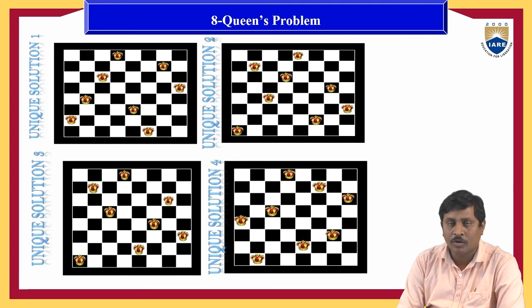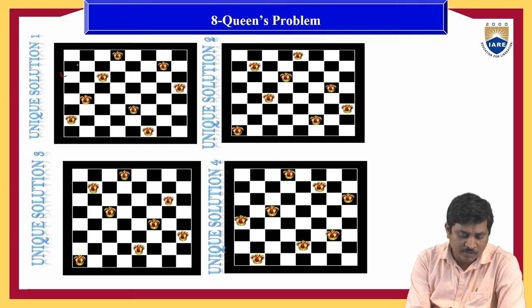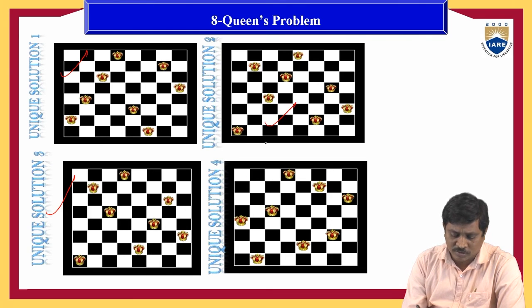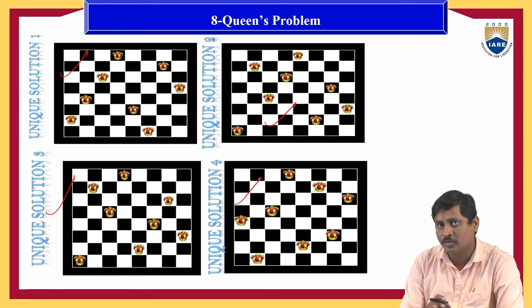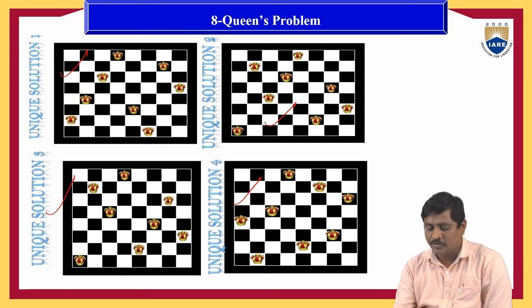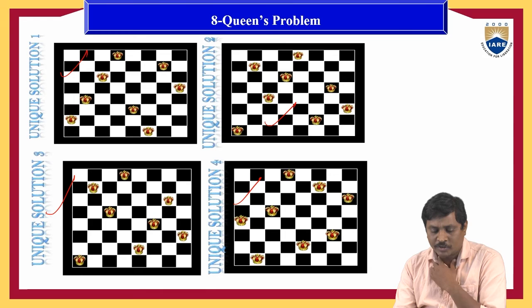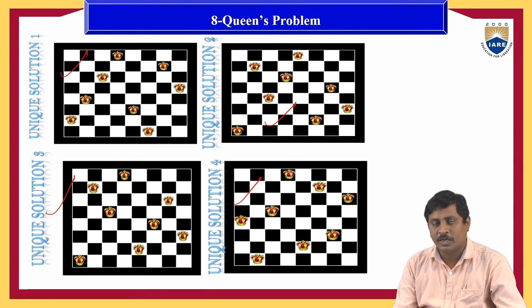In each row, each column, and each diagonal we have only one queen. So this is one solution, this is another solution, this is another solution, and this is another solution. These 4 solutions are solutions of the 8 queens problem. Generally we get 12 unique solutions for the 8 queens problem.